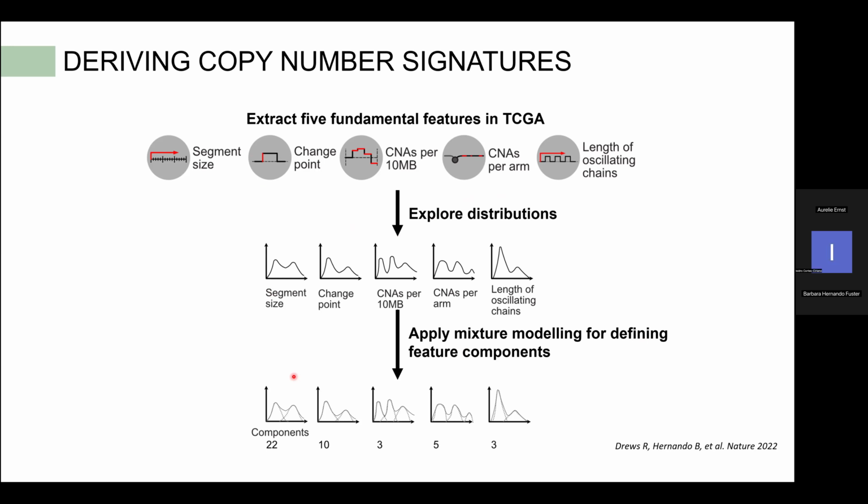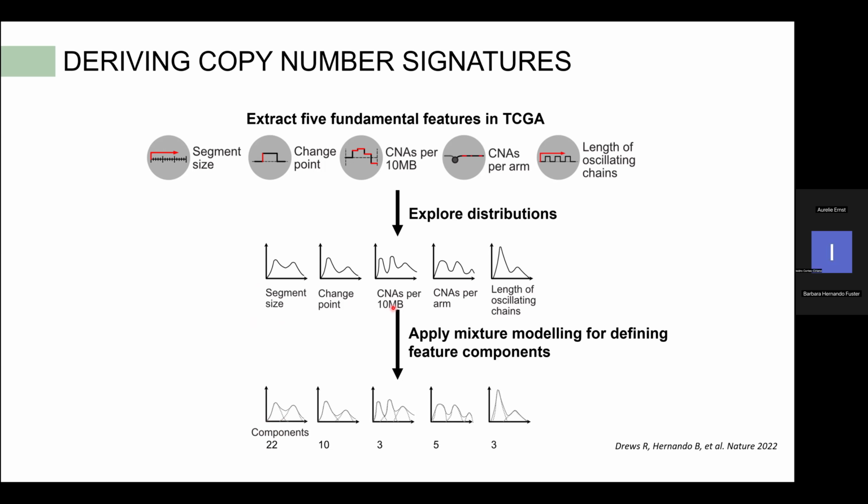For example, in the case of segment size, we see 22 different Gaussian distributions in the TCGA, and we used that to define 22 categories for segment size. We did the same for change point, where we have 10 different categories.